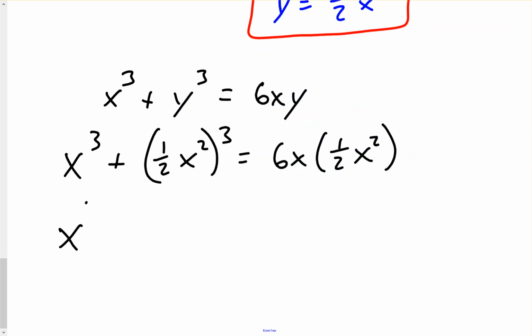That gives us x cubed plus, 1/2 cubed would be 1/8, x squared cubed would be x to the 6th, equals 1/2 times 6 is 3, x times x squared would be x cubed.